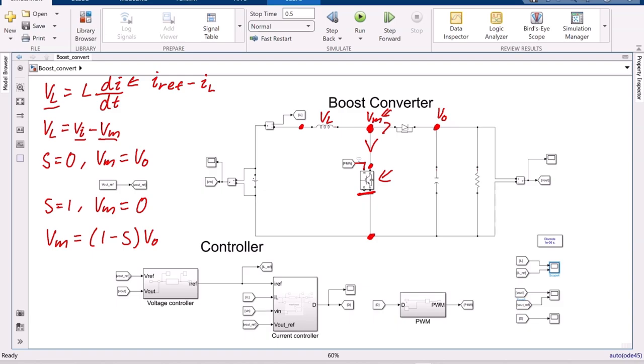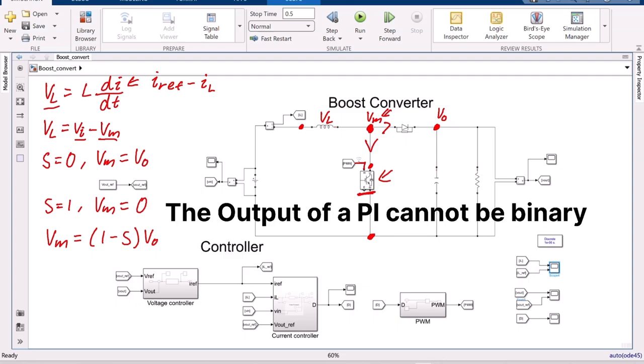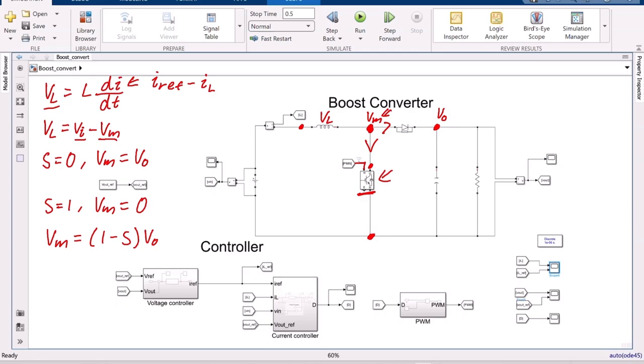However, this is not very useful because S can either be 0 or 1, which is not ideal for a controller. It should be linear for a controller. So what we usually do is that we change this to an average model. We replace this S with a duty cycle, because duty cycle is also defined between 0 and 1. So now if we insert VM into this equation, I will just continue up here.